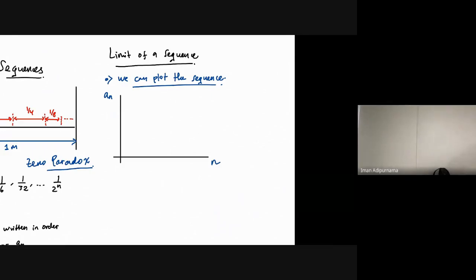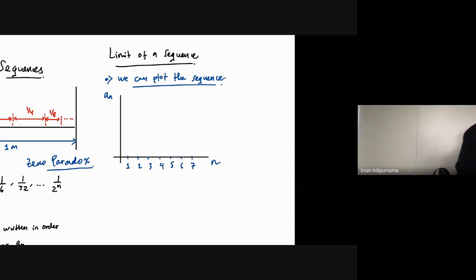We can start from 1, 2, 3, 4, up to some number, and then the plot will be n and a_n. Let's start from 1 up to 7.